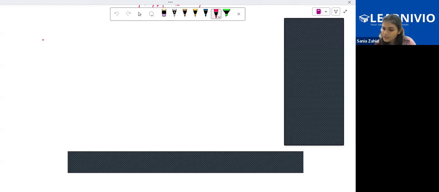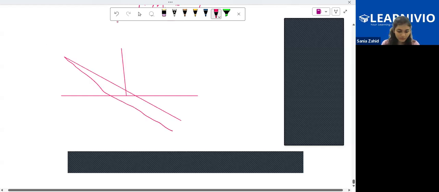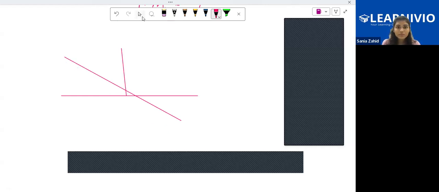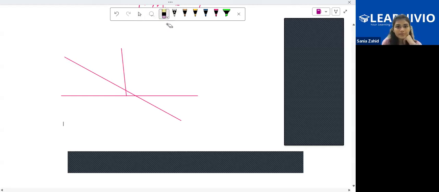Okay, now we'll study the next topic. Here we have a question first. So I'm drawing a figure here. Wait a minute. It's not functioning properly.